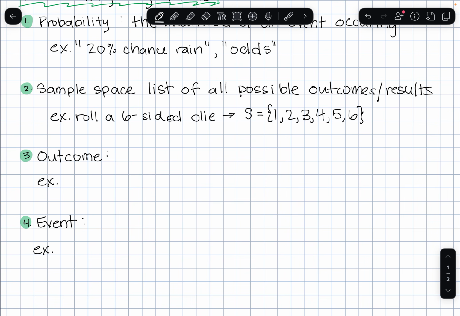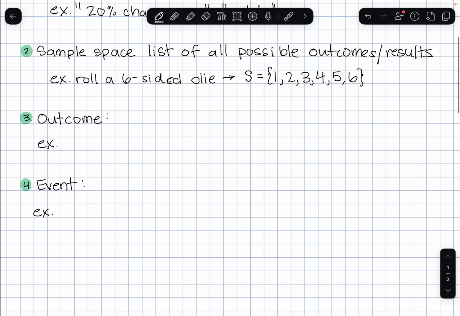Next, let's be specific about some terminology. What is an outcome when we talk about probability? An outcome is a single possible result.